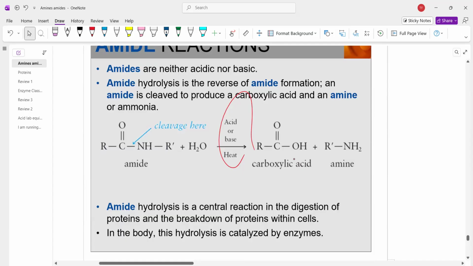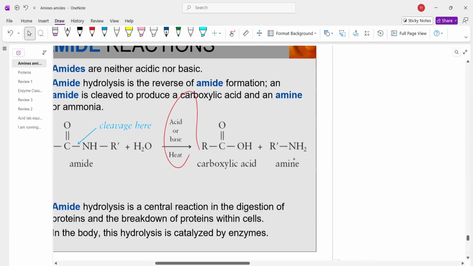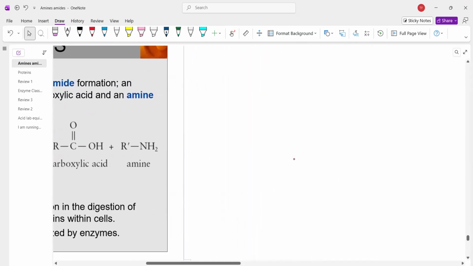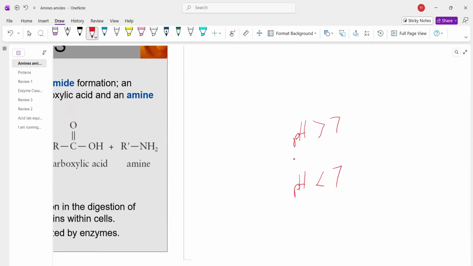Okay, like with esters, in an acid or base environment, they can come apart. So we have pH alkaline, pH acidic. So say we have that.